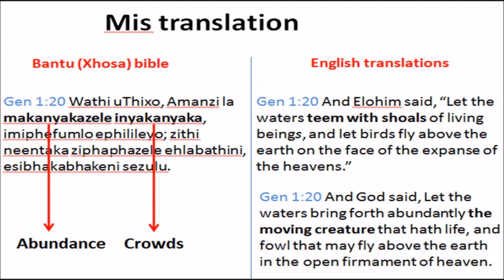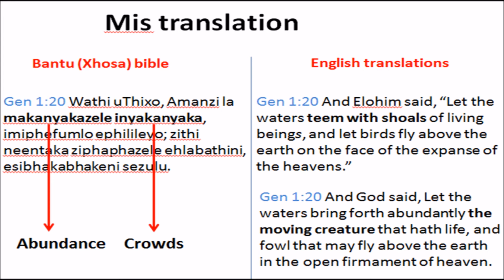So pila means life. It would have said, if it says a moving creature that has life, islwanyane esipilayo. But no, the person in Bantu did not have anything close to islwanyane.